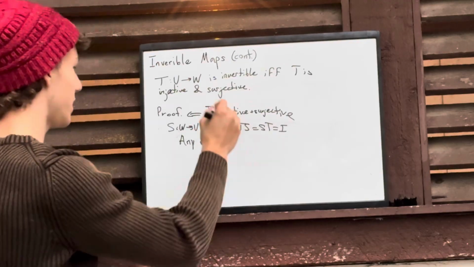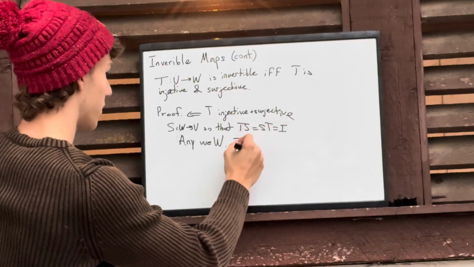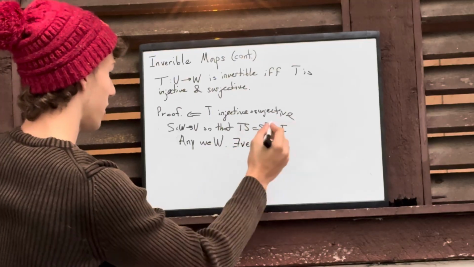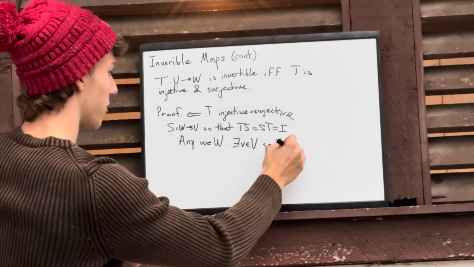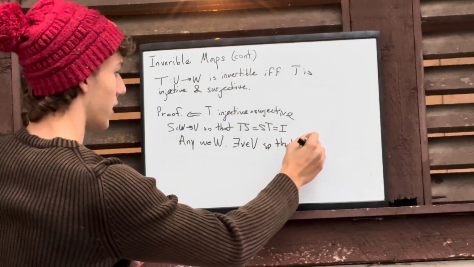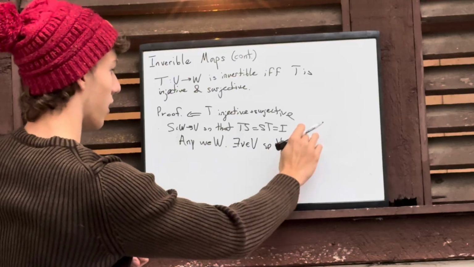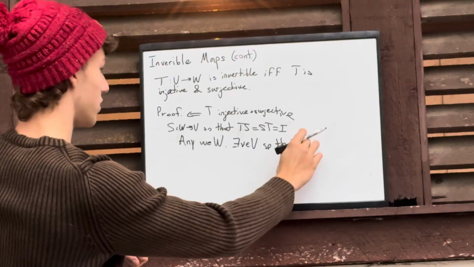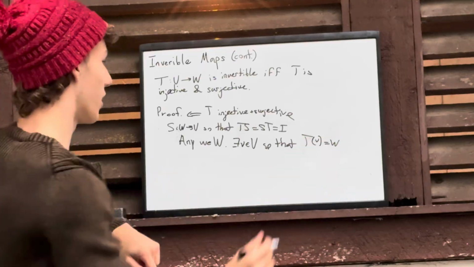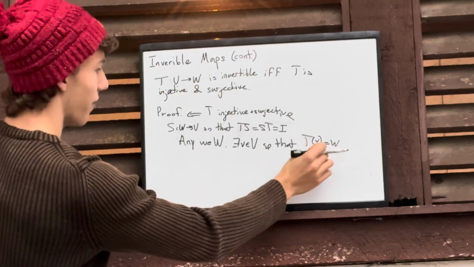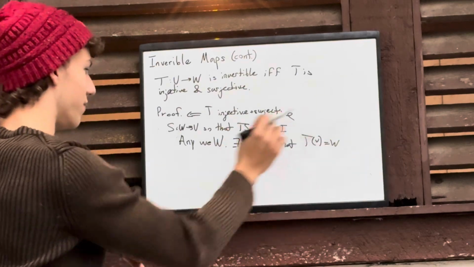Since T is surjective, there exists some V in V, and I'm just stating the definition of surjectivity, so that T of V is equal to W. Okay, great. Now, what if we map W to V?